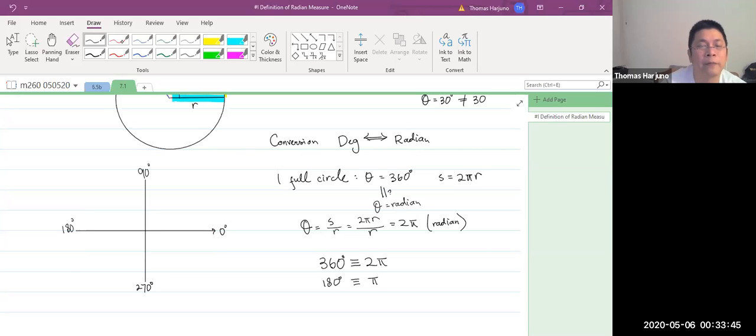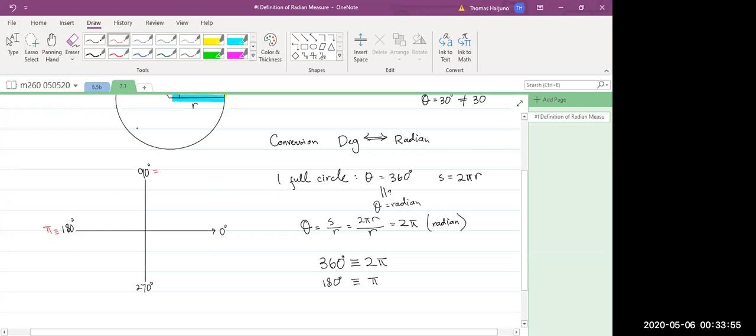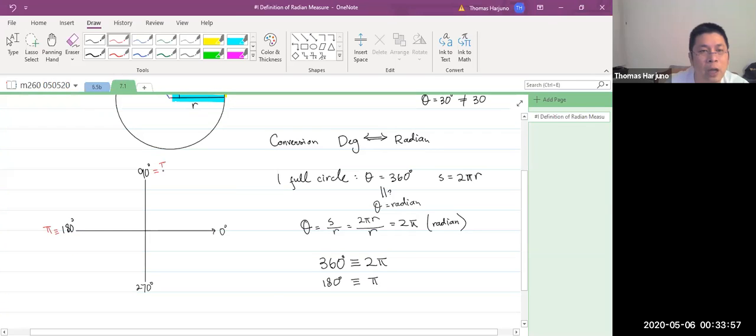We have seen earlier that pi is equivalent to 180 degrees. So what will be 90 degrees in radians? Pi over 2. You can try to visualize that this 90 degrees is half of that pi, right?